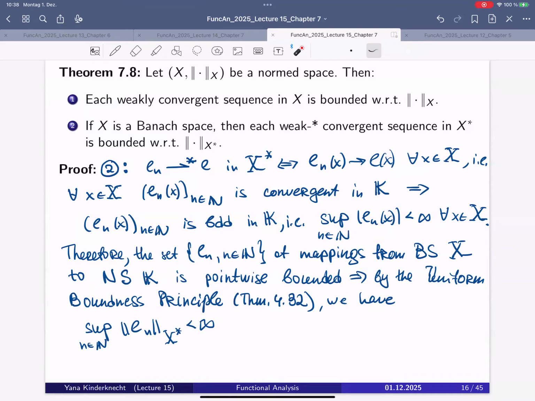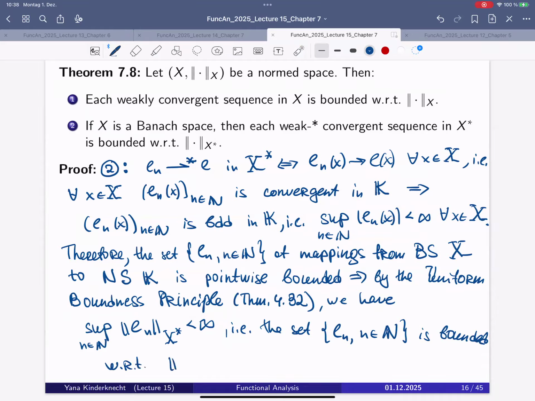But what does it mean? This means that the set L_n is bounded with respect to this norm.